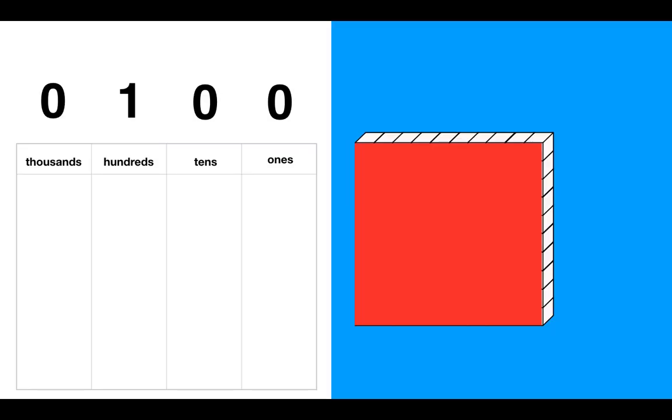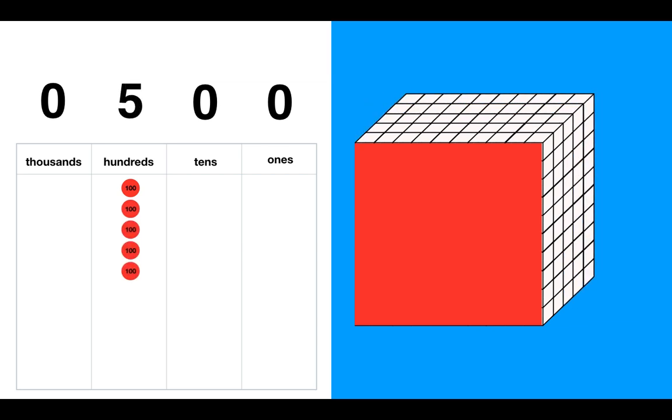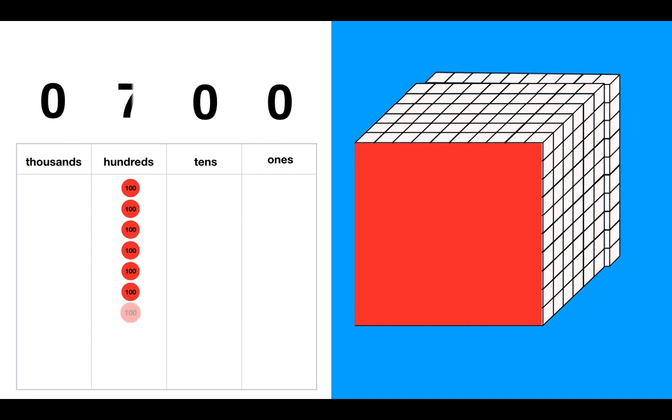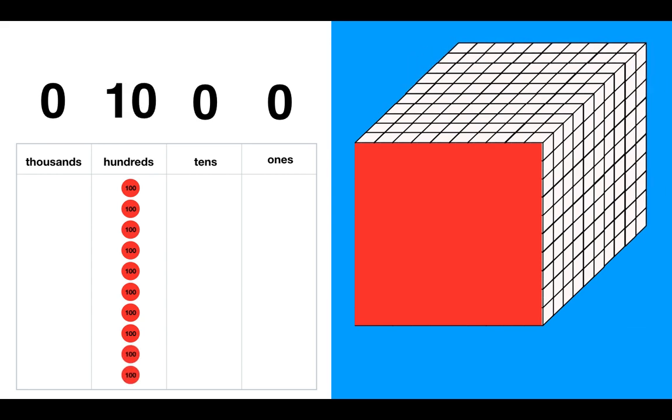Let's keep counting, this time by hundreds. 100, 200, 300, 400, 500, 600, 700, 800, 900, 1000. But with 10 hundreds, what's a larger unit I can make?